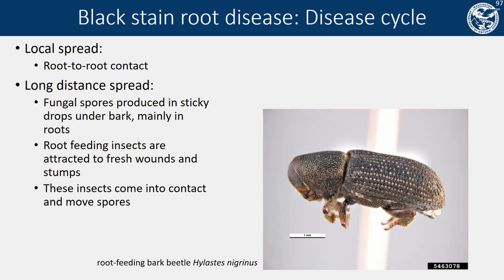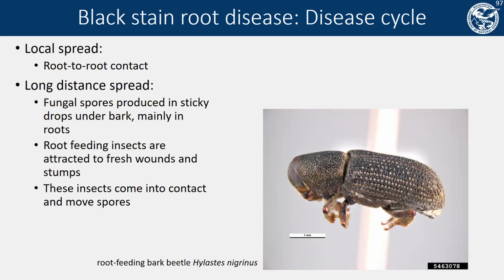Then there are root feeding insects that are attracted to these roots, such as you might have if you have any disturbance, stressing these trees out with construction or pruning. These insects are attracted, and they're feeding on the tree and interacting with the fungal spores, which they can then spread to other trees when they leave the tree and move on to a new tree to feed on.